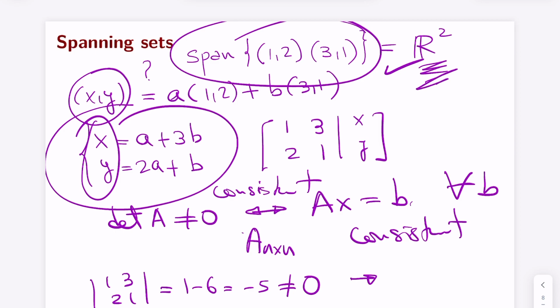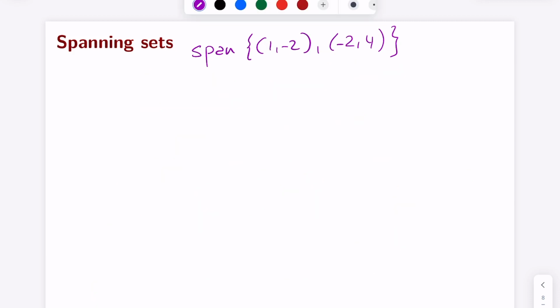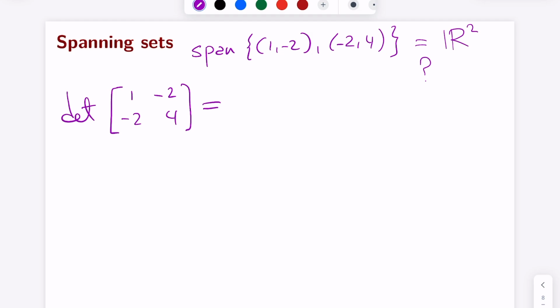So let's see another example. Same question: do these other two vectors span the whole R2? Well, we need to do the same. Essentially, we form the system as we did before, which in this case will be (1,-2;-2,4). This is the determinant we are interested in. That will be 4 minus 4, which is 0.